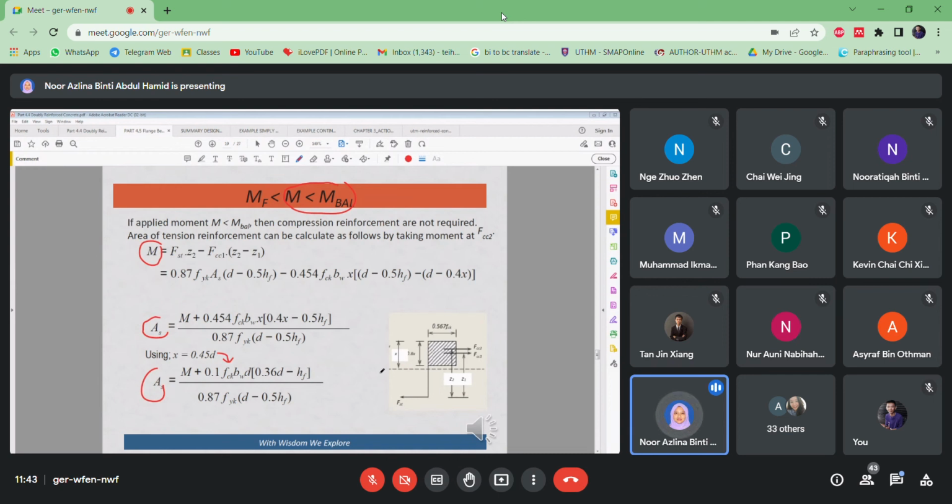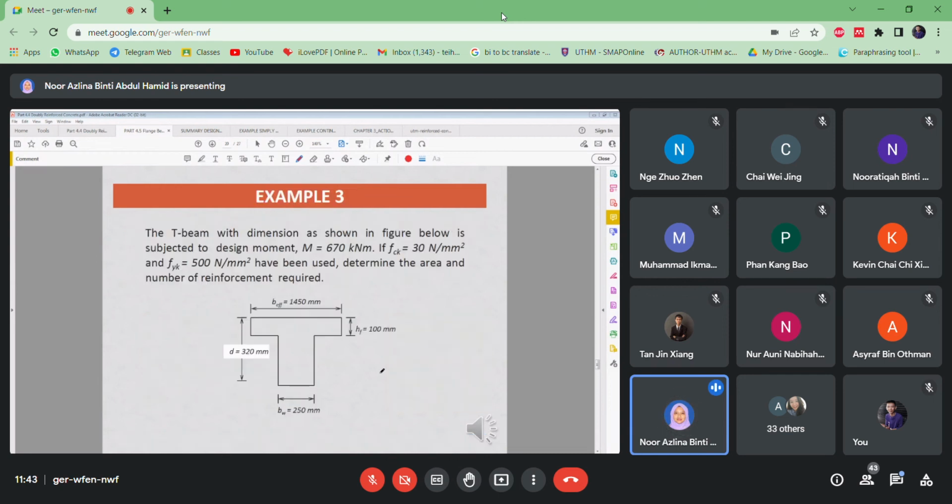Okay, so this is the example. Kalau tengok example lagi faham. Okay, diberi kat sini, dia punya design moment adalah 670. So everything's stated here. All the sizes, flange thickness, BW, D effective here.